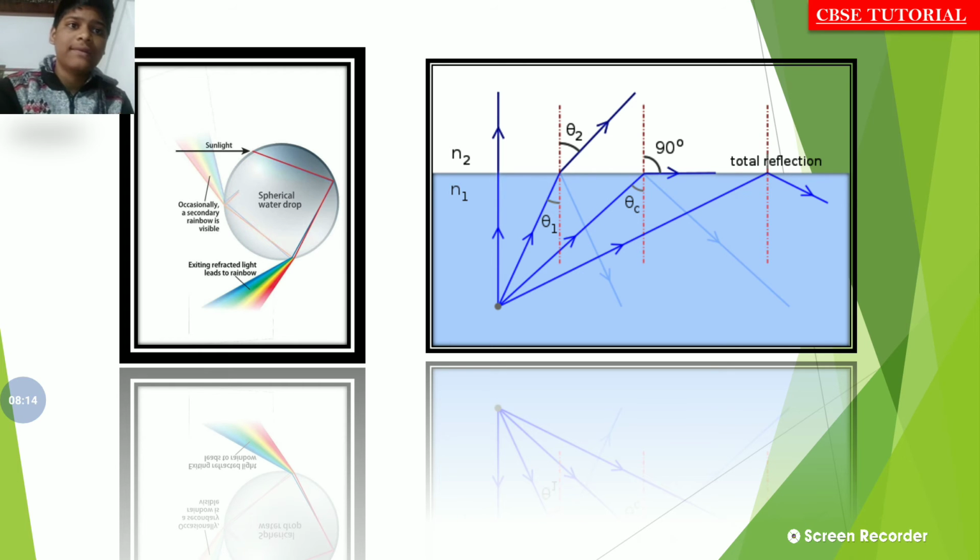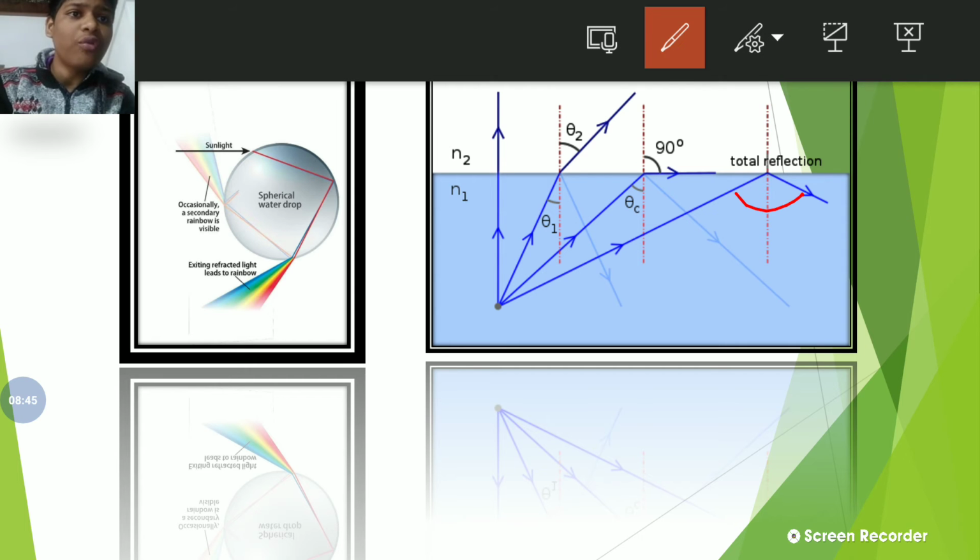But why does that happen? Because as you can see in this picture, in case 3 it was traveling along this axis. Now if I increase the angle of incidence beyond this point, that is theta c, then this ray which was traveling along this dividing axis is just bent back into the medium, and that shows a reflection instead of refraction.